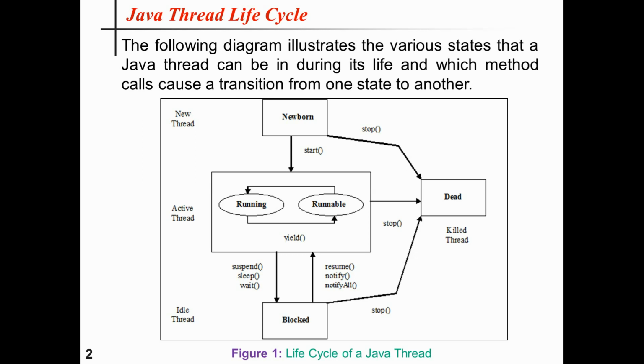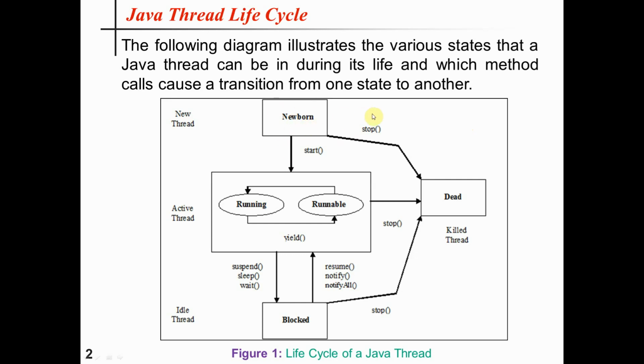Okay, so I'll be starting with the newborn state. So this is the newborn state. Whenever a new thread object is created, it is said to be in a newborn state.